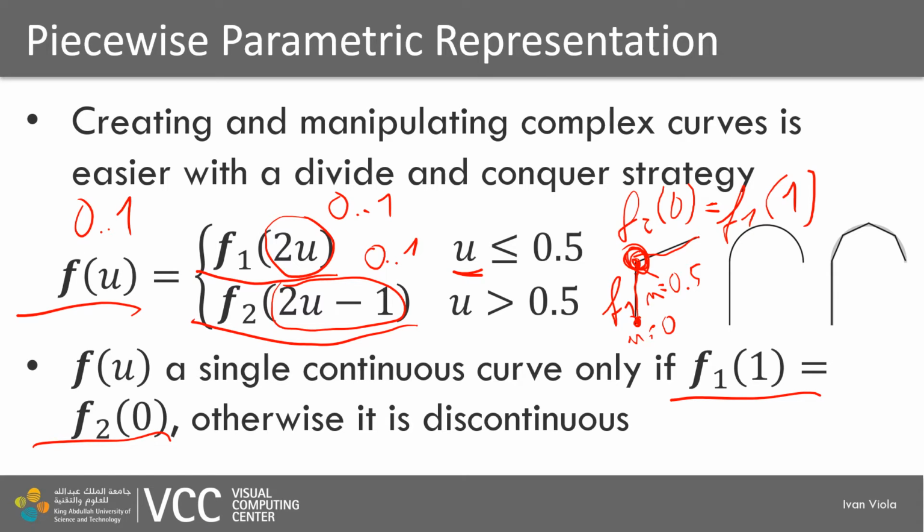Then we will be saying that our piecewise parametric curve is a continuous curve. But otherwise, if this condition is not fulfilled, it will be discontinuous. And then it will be probably pointless to talk about it as being one curve.